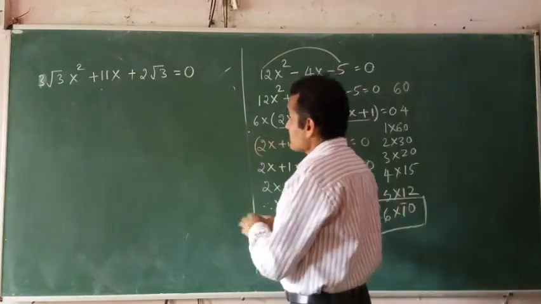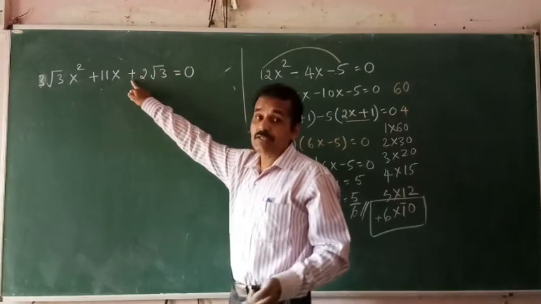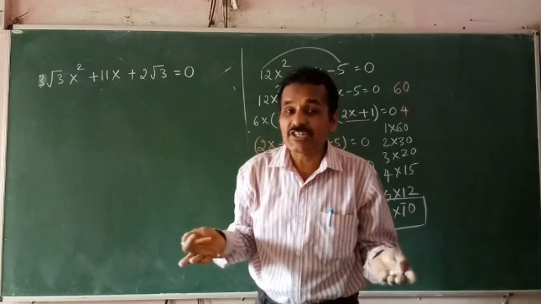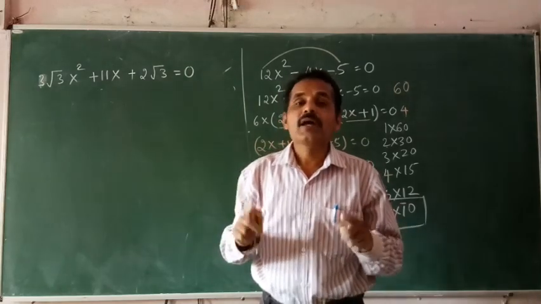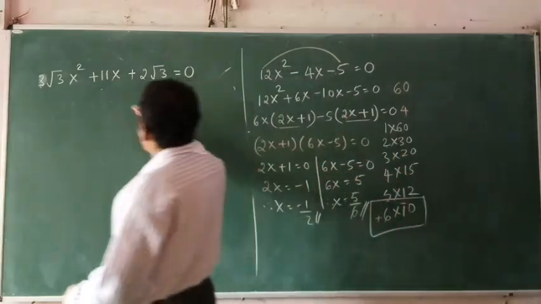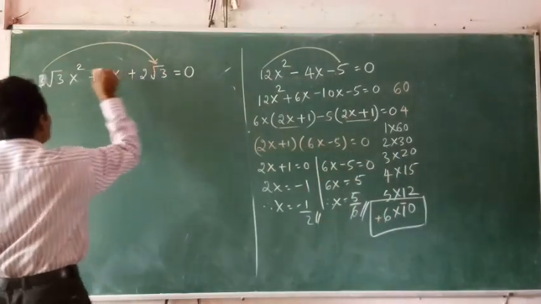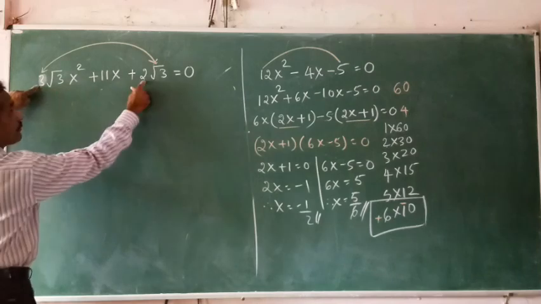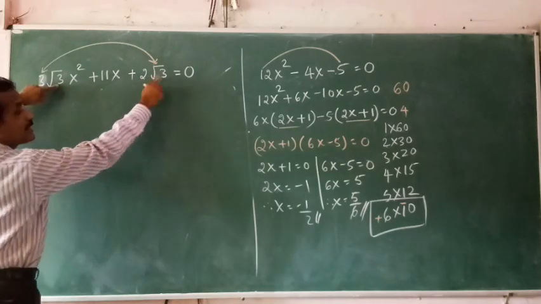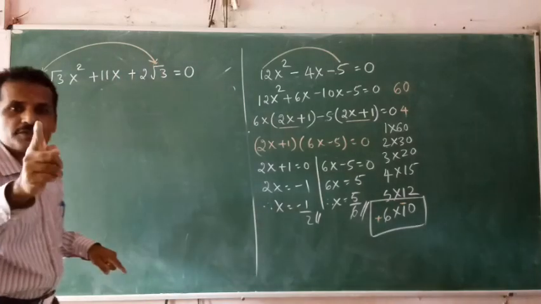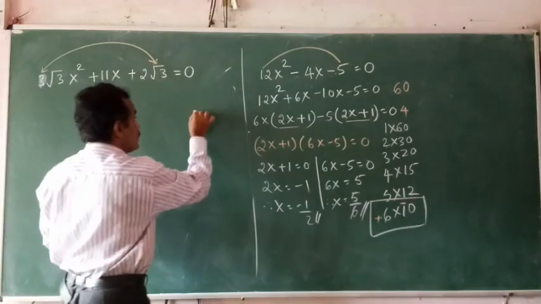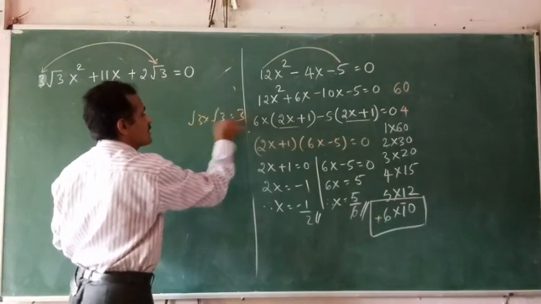Now let us see. Last sign is positive, which means the middle term should be added, and both will have the positive sign or both will have the negative sign. Keep in mind. Okay, multiply these two. 3 2s are 6. When two roots are multiplied, same number, root 3 into root 3, answer is 3.